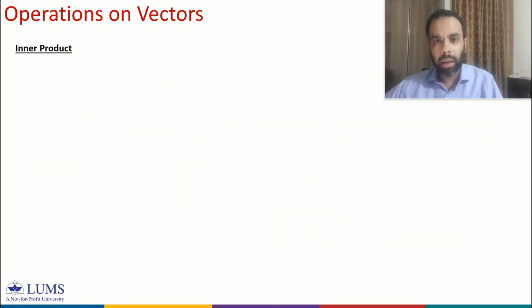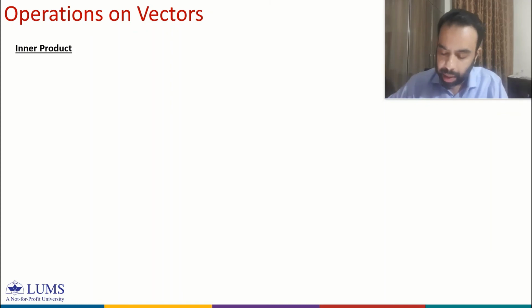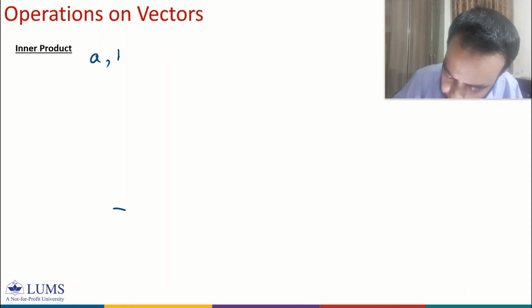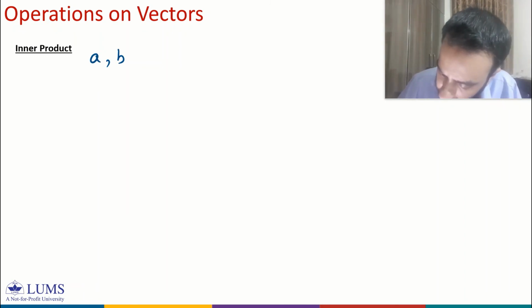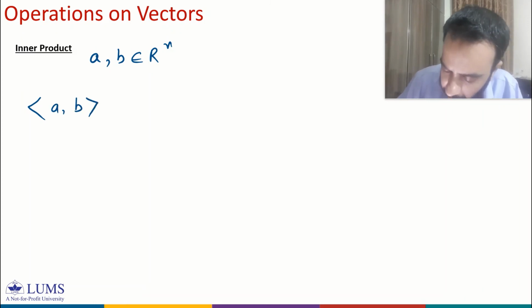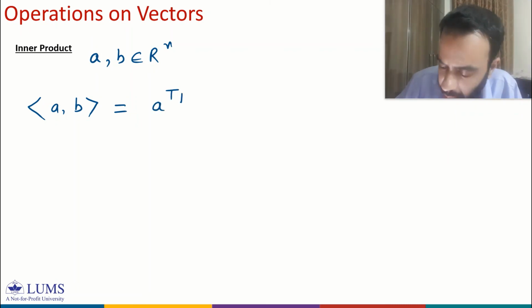Let's talk about another operation on vectors, that is inner product, which is the most widely used operation on vectors. Let's define inner product for two vectors a and b in Rn. We define inner product using this notation, which is also written as a transpose b.